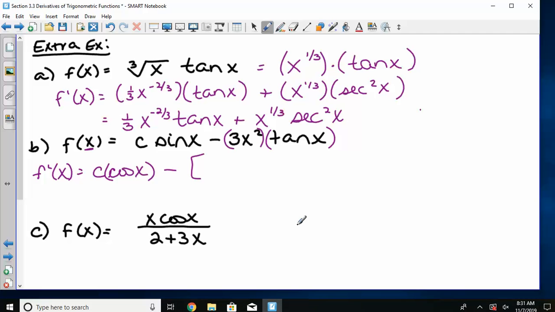One common mistake on the quiz was not distributing your negatives all the way through, so I'm trying to make it very clear when we need to do that. We have to subtract off this entire derivative. So I'm going to do the product rule to get that derivative. So derivative of the first is 6x times the second, plus the first, 3x squared, times the derivative of the second. Derivative of tangent is secant squared x.